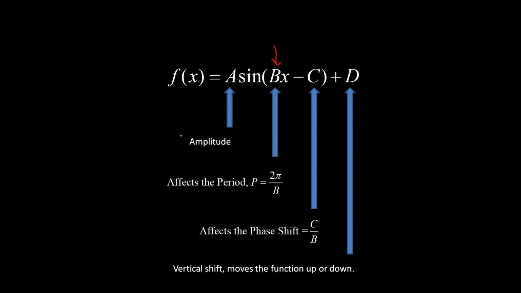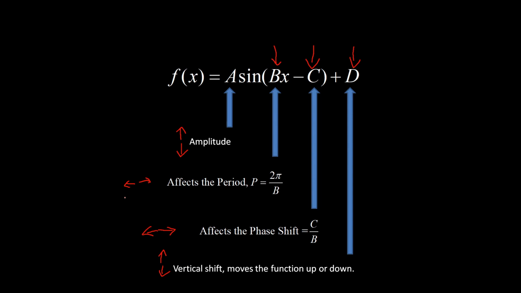So the amplitude stretches things up and down, while B stretches the function left and right. C, when you subtract or add a number to the input, that moves the function left and right. And if you add or subtract a number to the function, this will move the function up or down.